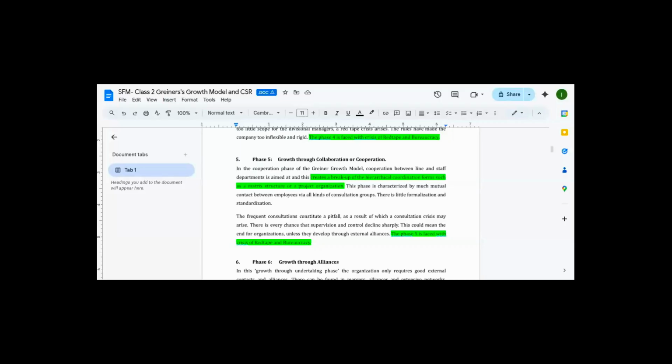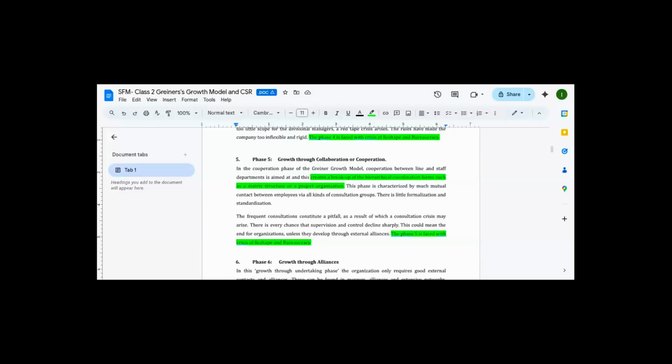In so doing, we are going to have harmonious relationship in phase 5 that we call the phase of collaboration and cooperation. Due to that cooperation, team unity, and teamwork in phase 5, we are going to have a situation whereby we don't need more supervision.